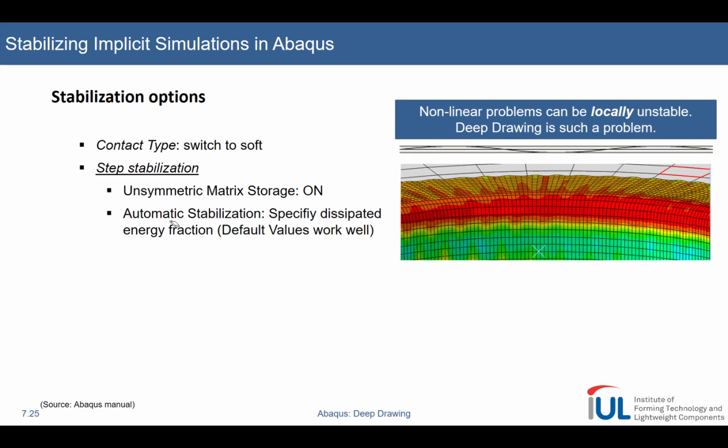Next would be the automatic step stabilization using the specify dissipated energy fraction. What does it mean, and why does it work, and why is deep drawing causing so many problems anyway at the beginning? Nonlinear problems in general can be globally but also locally unstable, and deep drawing, due to a very specific reason, is such a problem.